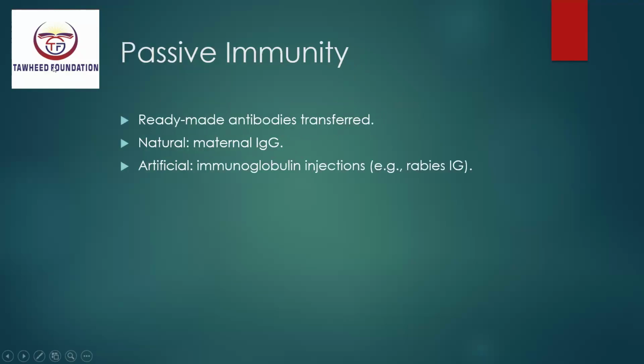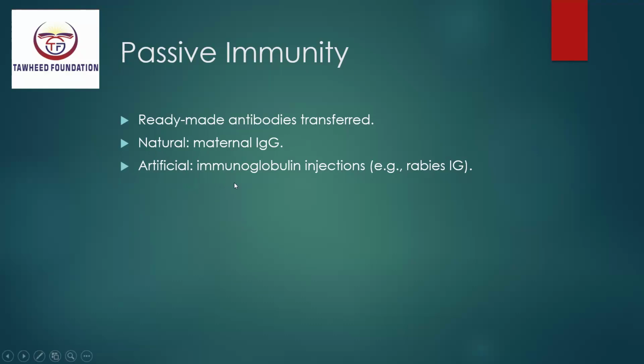Passive immunity. Passive immunity is defined as the resistance that is transferred passively to a host in a ready-made form without active participation of the host immune system. Passive immunity can also be induced naturally or artificially. Natural passive immunity involves IgG antibody transfer from mother to fetus across the placenta.